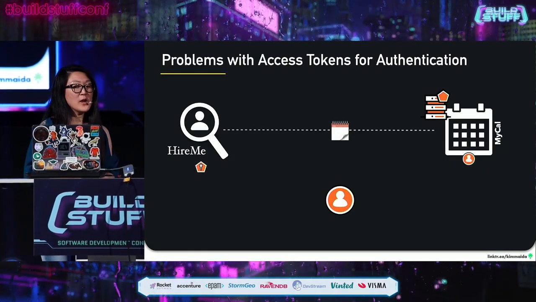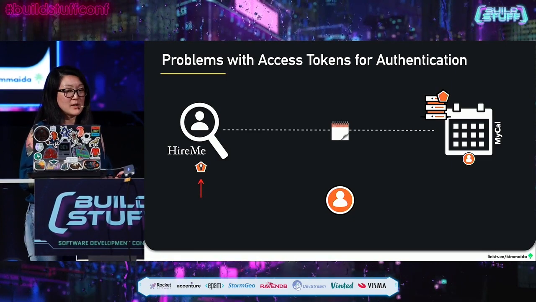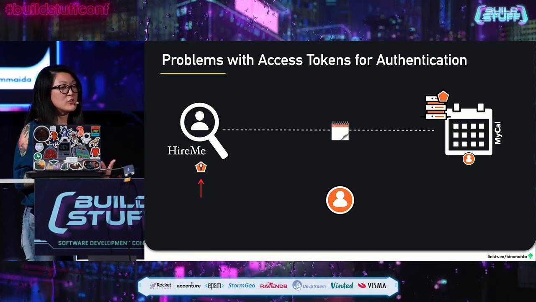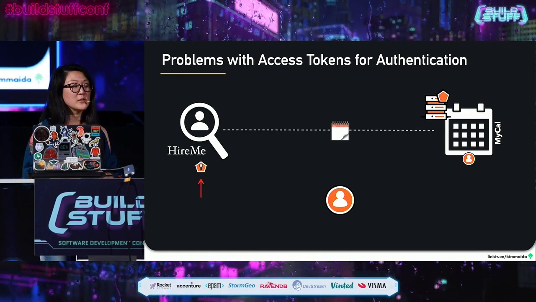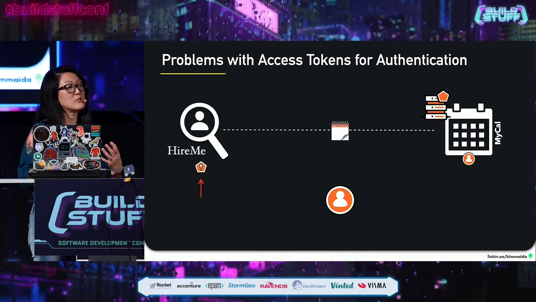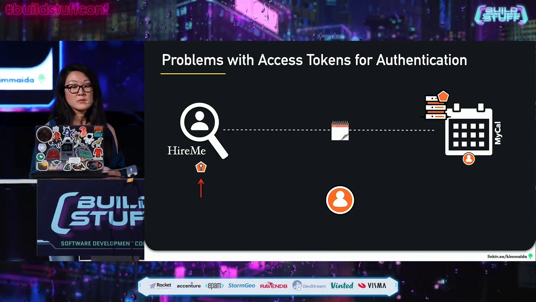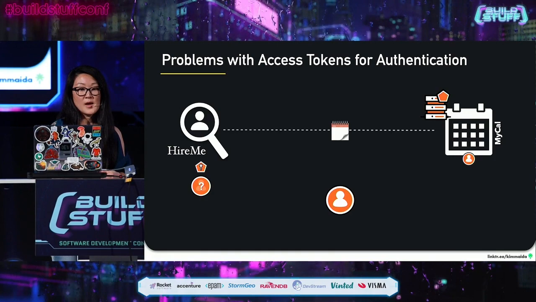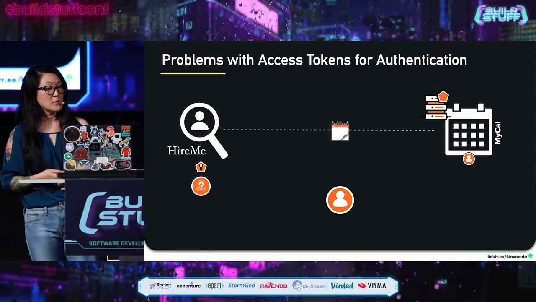This means that if HireMe does something like use the access token that it was given by the MyCal API, and just assume that by having this access token and calling the API successfully, it means that the user can be considered authenticated with HireMe, we start to run into problems. Access tokens are for the API. They're meant to be opaque to the client.